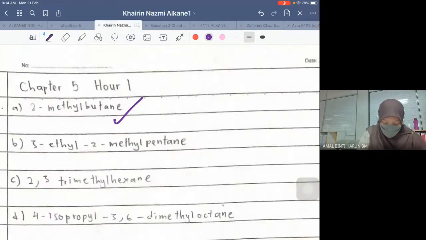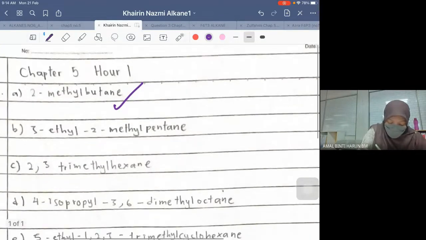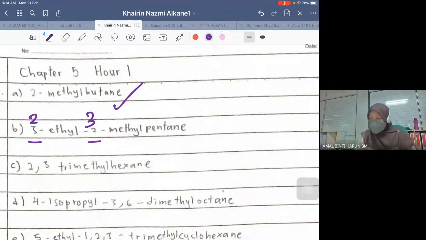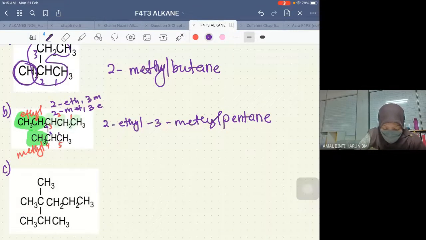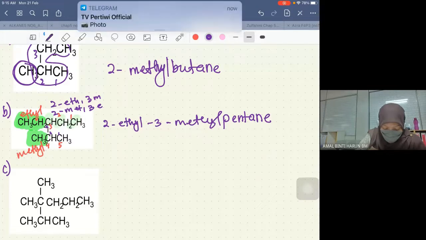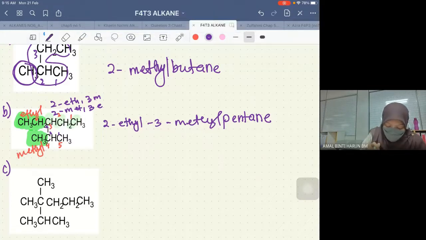Tengok jawapan Kari Nazmi: 3-ethyl, 2-methyl. Okay, so kalau tadi macam saya kata, kalau sama option dia, pilihlah yang lebih proper, untuk 2-ethyl, 3-methyl. Okay, yang saya yang salah. 1, 2, 3, 4, 5. 1, 2, 3. 1, 2.